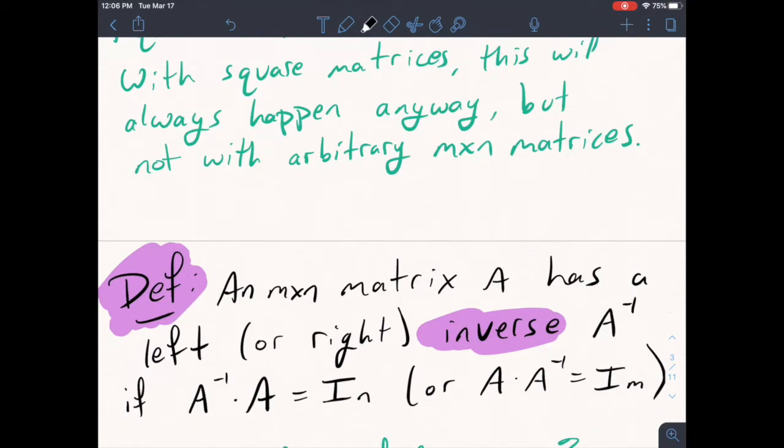But anyway, so definition: a matrix has a left or right inverse, which we'll call A inverse, if A inverse times A, multiplying on the left, is equal to the identity matrix, that's for left inverse, and then right inverse is if A times A inverse, multiplying on the right, is equal to an m by m identity matrix.